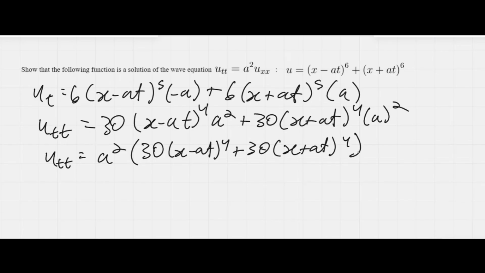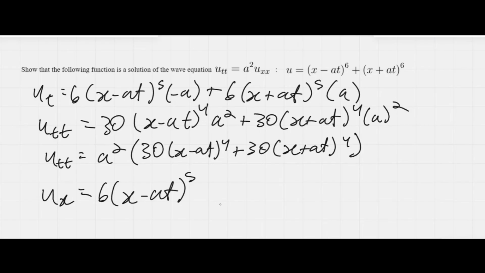Alright, so now as long as u sub xx equals this part of this expression, then we're in the clear. So let's try to find that. For u sub x, now we're treating t as the constant, and so we're going to use the same exact methodology that we used originally. We're going to bring down the 6 using the power rule, x minus at to the power of 5 now.